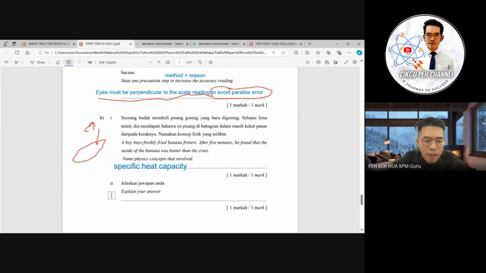So 1 mark: the specific heat capacity of banana filling inside, you're using banana filling.